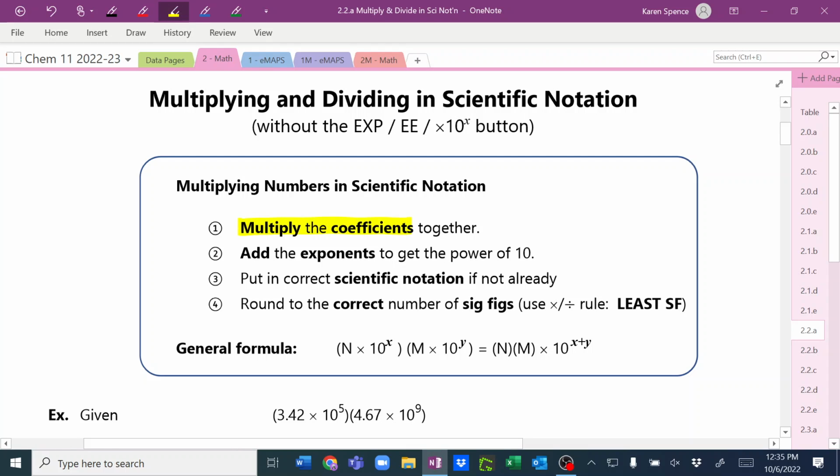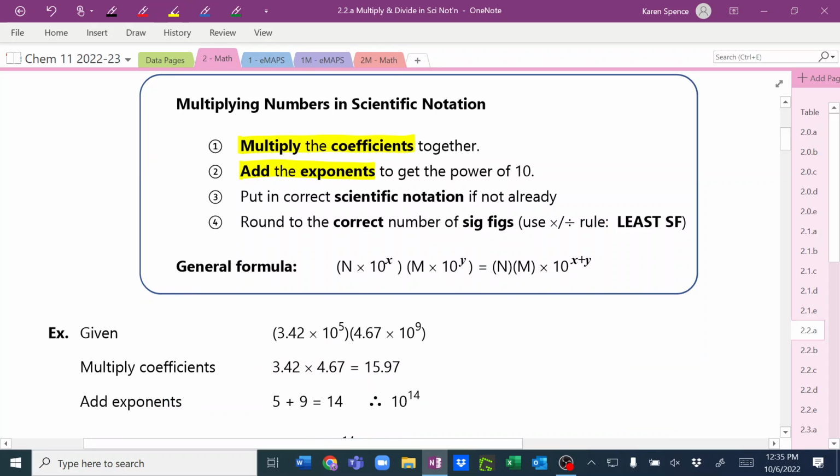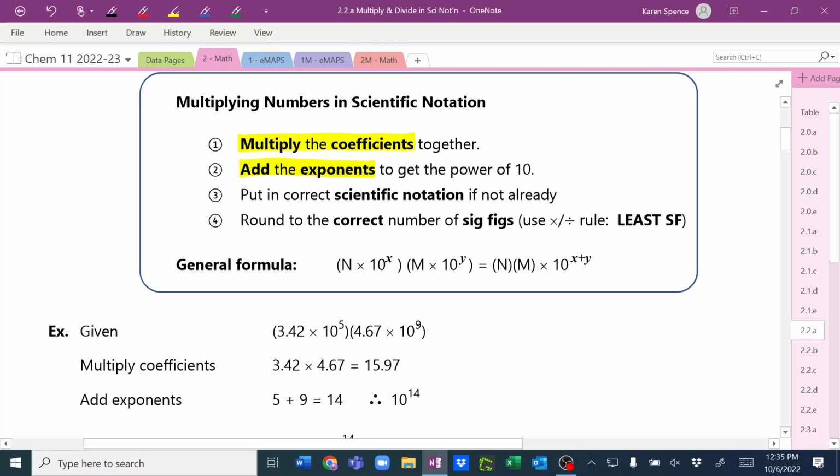Then you combine those two, and if it's not already in correct scientific notation, you put it into correct scientific notation, which you guys now know how to do. And of course, because we now know how to do calculations with Sig Figs, we also round to the correct number of Sig Figs.